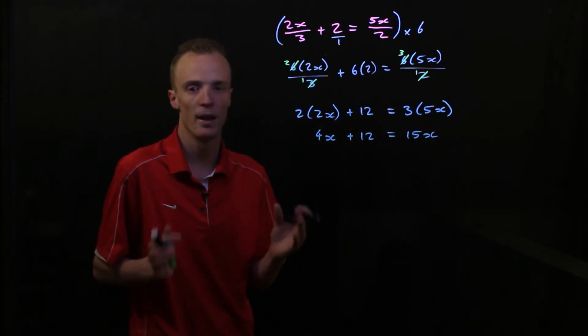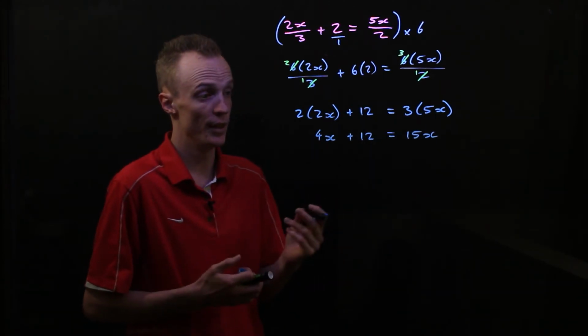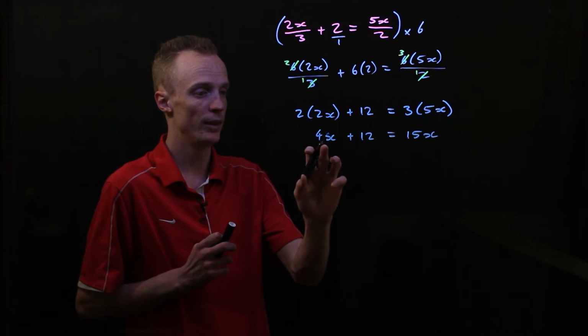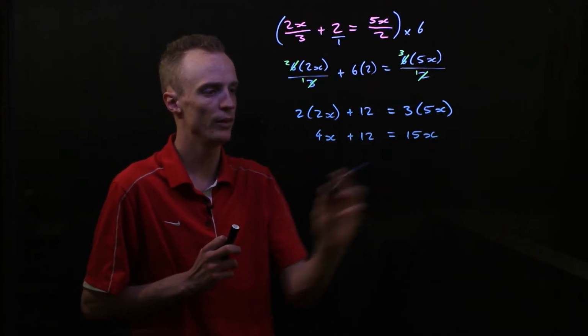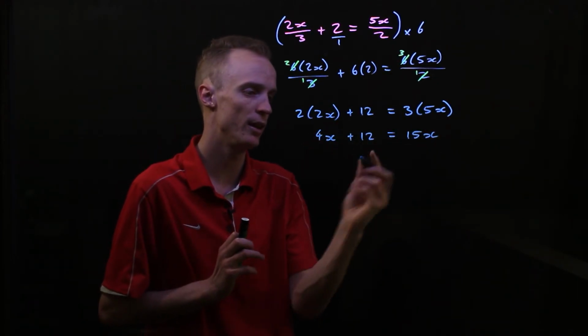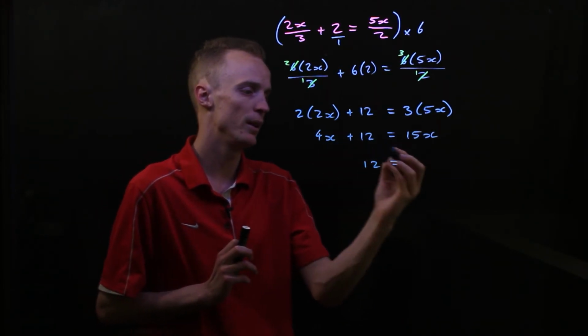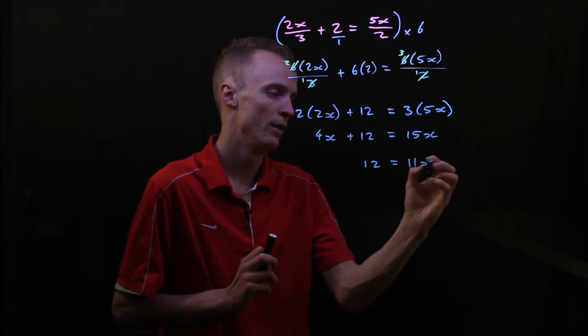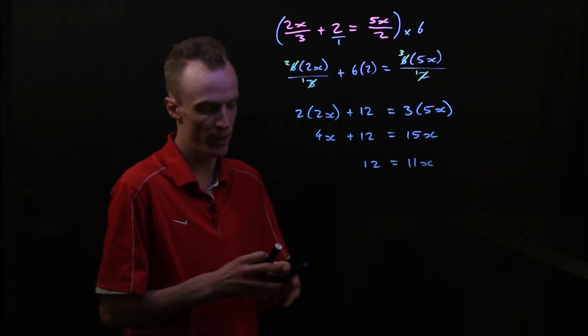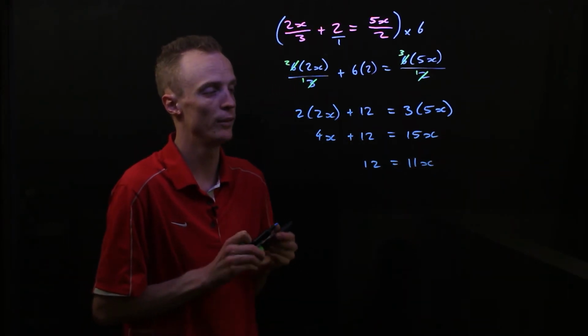From here, I'm solving for x. I need to get my x's on the same side, so let's subtract 4x from both sides of the equation. That cancels out over here and leaves me with 12. And 15x take 4x is 11x. Because it's 11 multiplied by x, I need to divide both sides by 11.